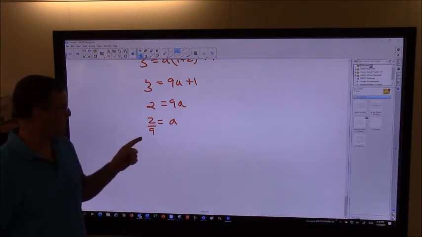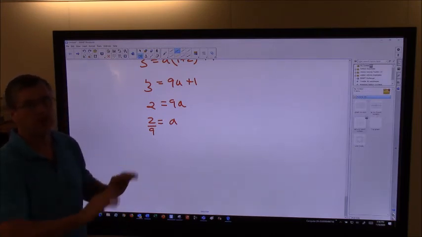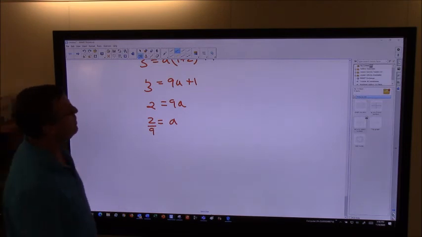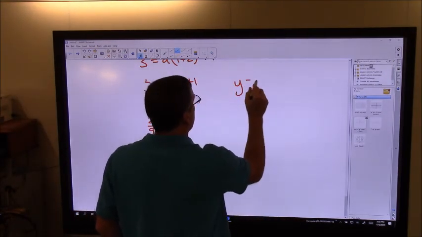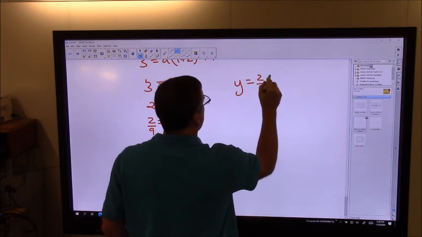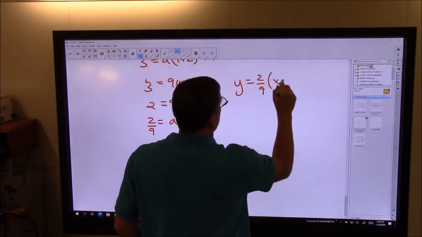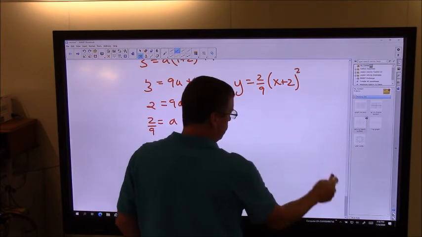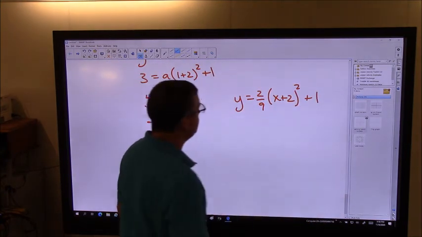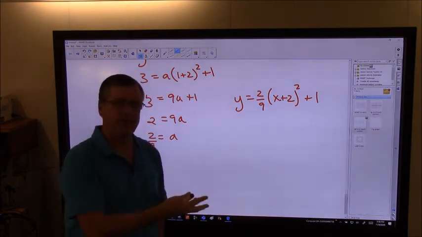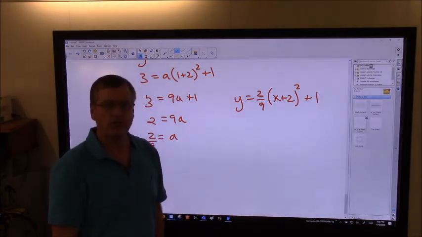Numbers are starting to get messy. Okay, remember, pushing things a little farther each time. So I now know that what I have is y equals 2/9 times x plus 2 squared, what was that number, plus 1. And I want to convert this back to general form.